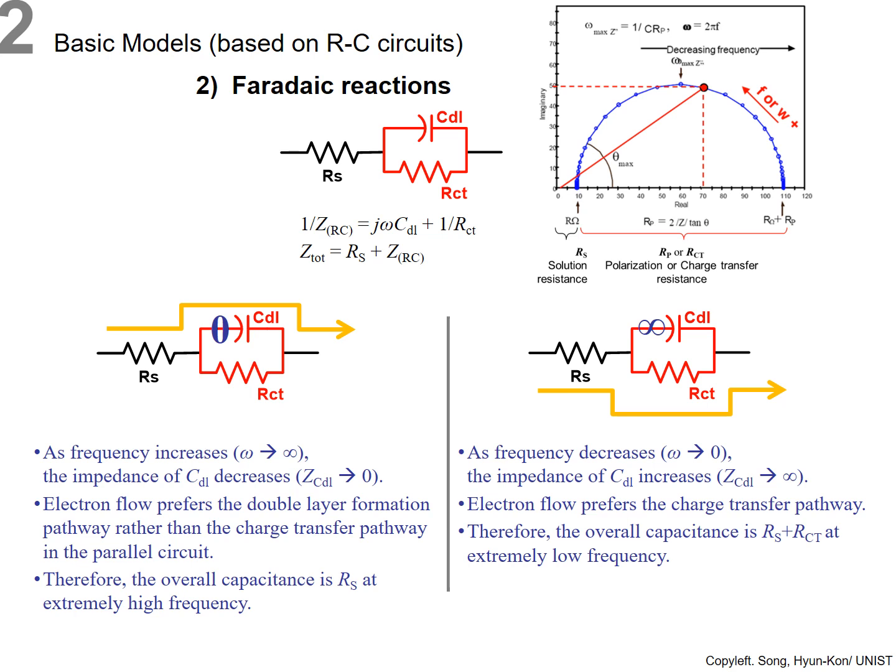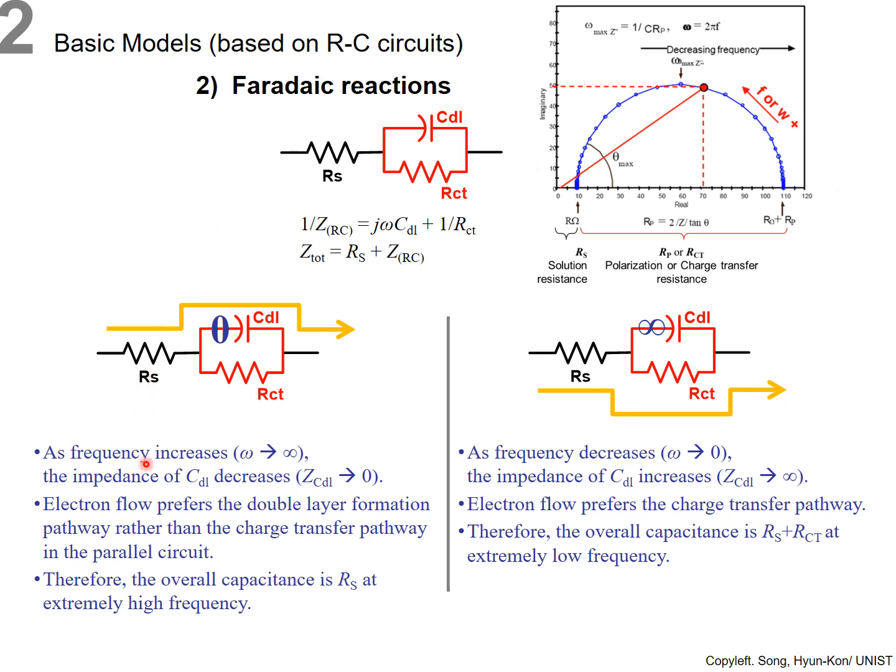Let me read the Faradaic reactions from the viewpoint of the circuit element. Why we should have the solution resistance and also the sum of solution resistance plus polarization or charge transfer resistance on the x-axis.